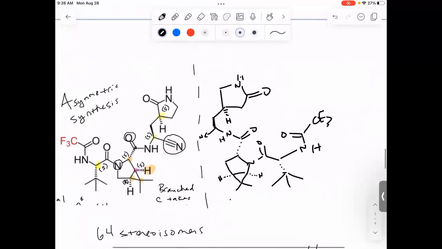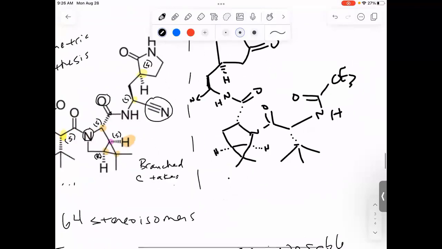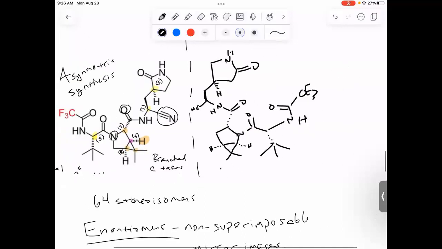Now, it looks like everything is the same, right? All the stereo centers have the same direction, just like they are in the original. However, if I took the mirror image and let's say I put a spatula underneath it and flipped it over, what do you think is going to happen to all of your stereo centers?